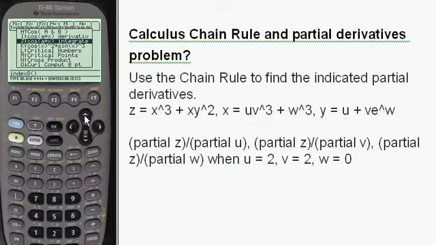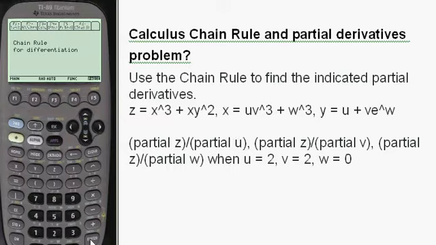We're going to scroll to chain rule, because that's the problem. I can't imagine this being on a test, way too difficult for that, but never know about these professors, how they do things.